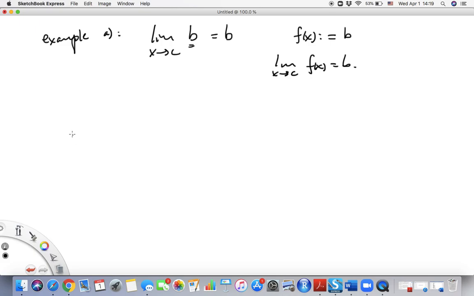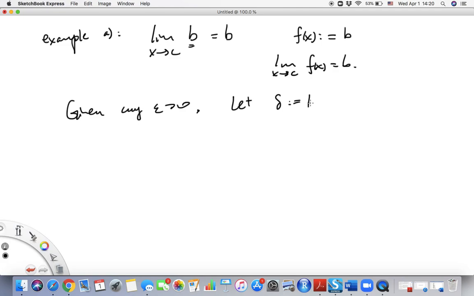All right, so given any epsilon greater than 0, we have to pick our delta, right? In this case, because it's a constant function, any positive delta would work. So let's just pick delta equal to 1. This is entirely arbitrary. You can take delta to be your favorite positive real number.